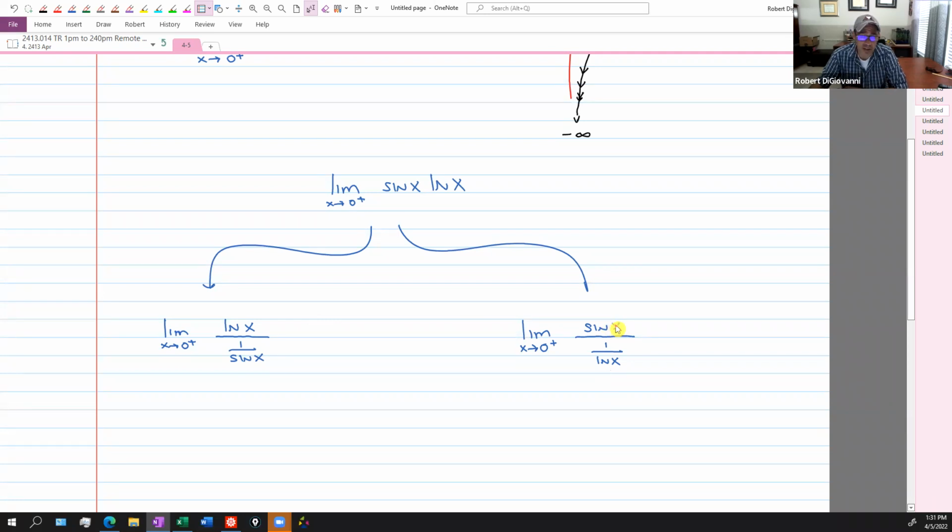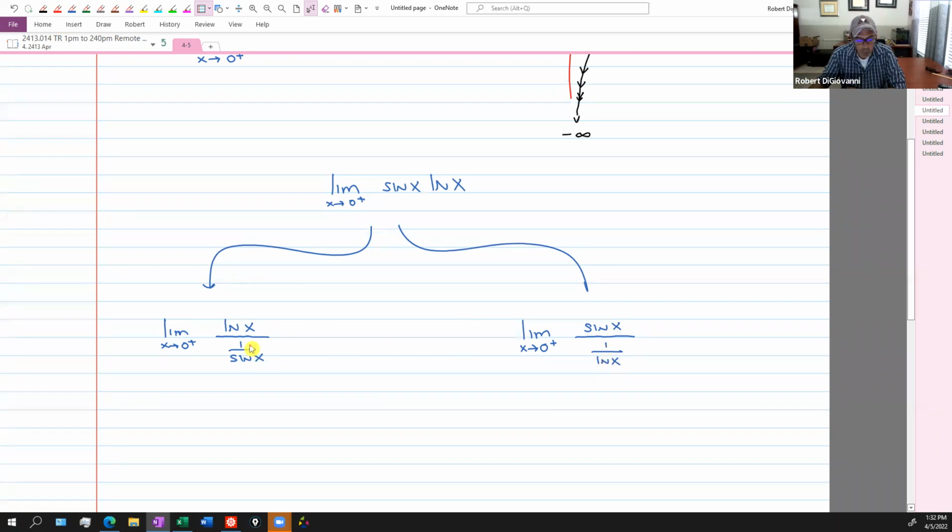Derivative of sine x is cosine x. So I don't have any issue with either the left or the right in terms of taking the derivative of the top. The bottom, on the other hand, is different because I have 1 over sine x. I have to take derivative of that, which means I would have to do a quotient rule here potentially. And same with 1 over natural log of x, I would have to do a quotient rule here.